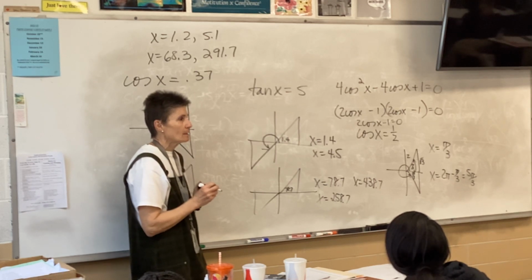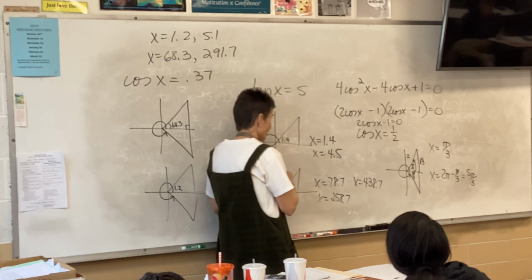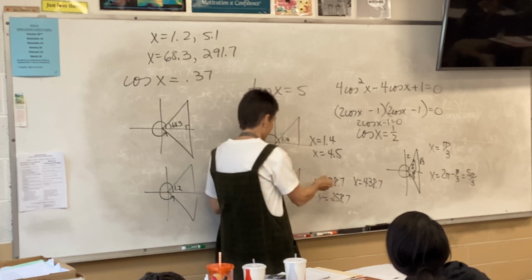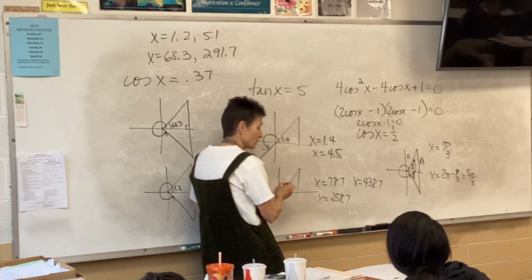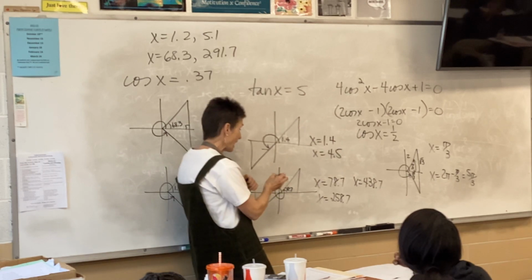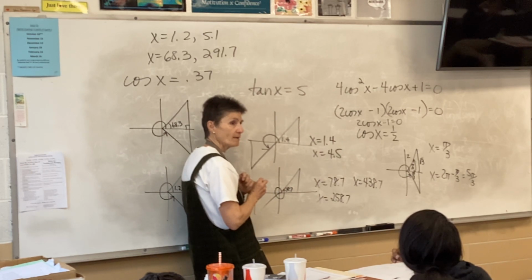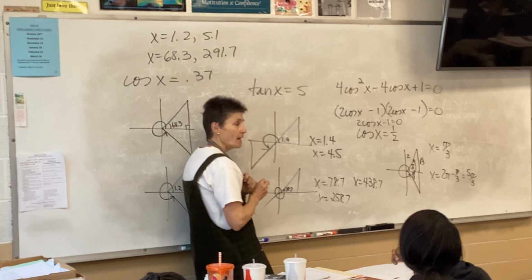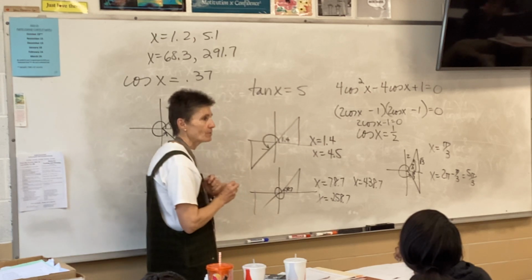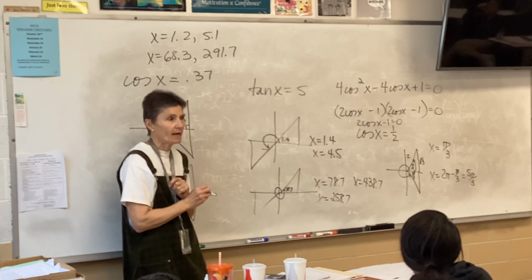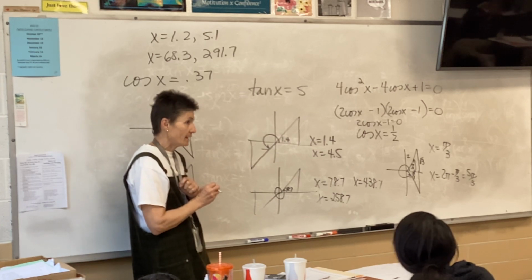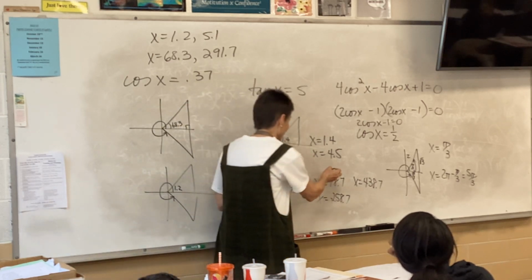It's 78 all the way around 360, so it looks like this. If I drew it, it would look like that. Does that angle also have a tangent of 5? Yeah. How many angles are there that have a tangent of 5? Infinitely many. So it starts with these two.